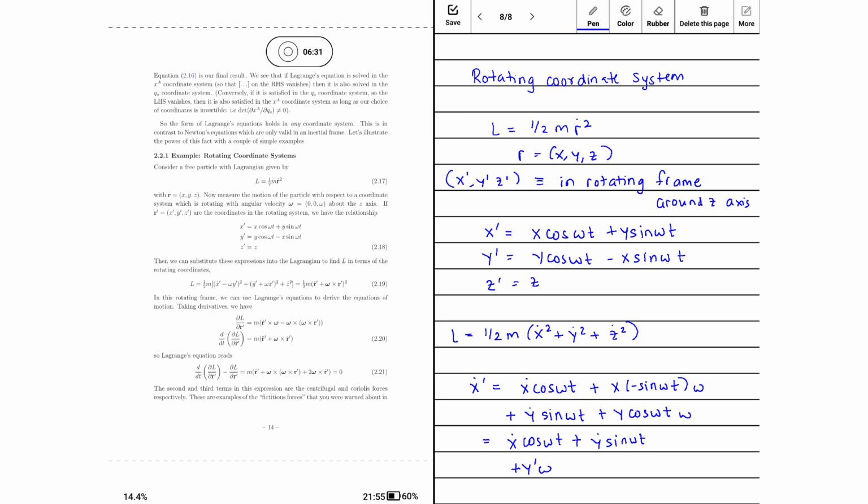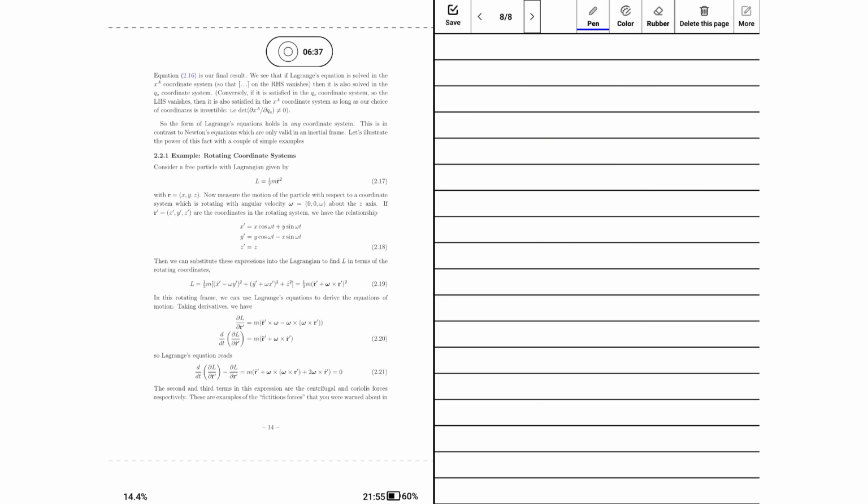Let's just think about it again. Let's just recalculate everything again to see if we can go somewhere. So essentially from the formula we should be getting this to be x dot.